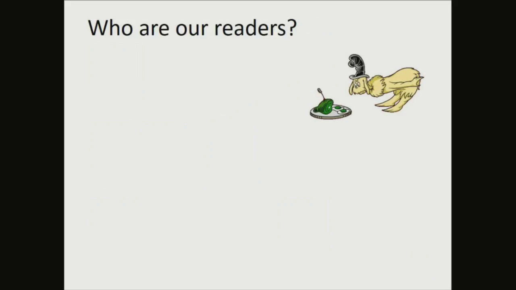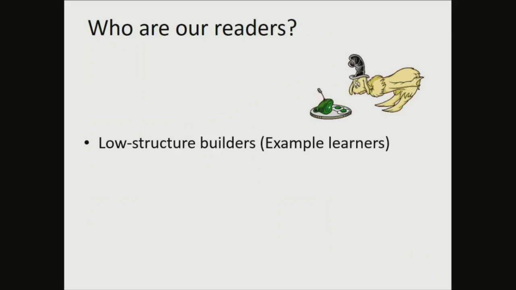And then the other level of the story is don't knock something until you try it. As learners and readers, we fit into one of these categories. We are either readers that learn through examples, example learners.